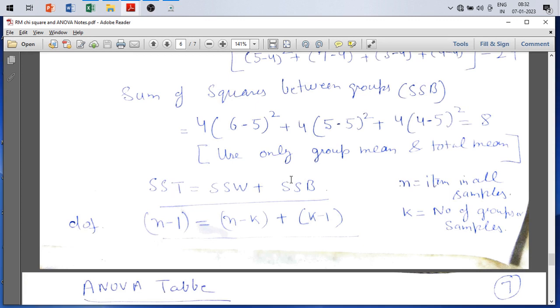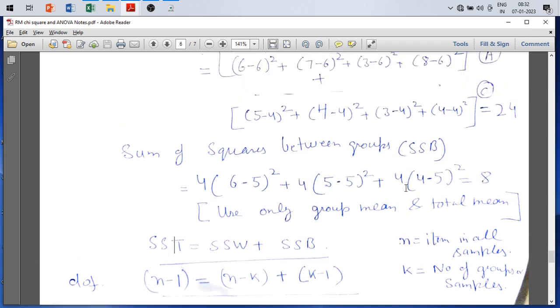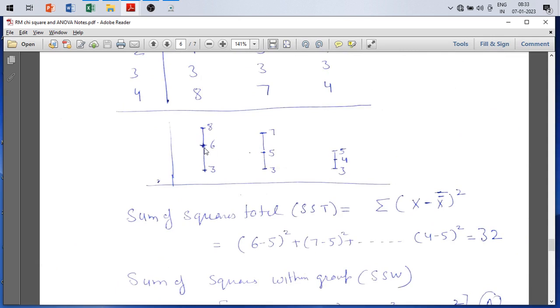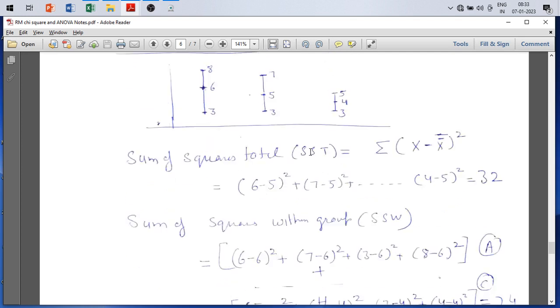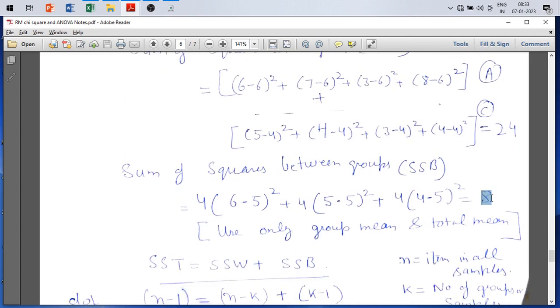Okay, so for example, let us say if SSB turned out to be 0, then the situation here will be the mean of each group will be same, and that will be equal to the total mean. So effectively there is no difference in mean. But here SSB is not 0, it is 8.